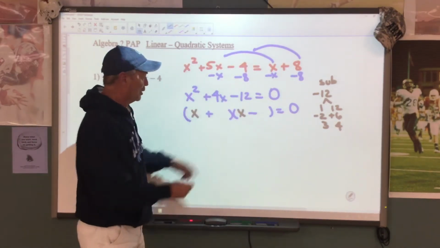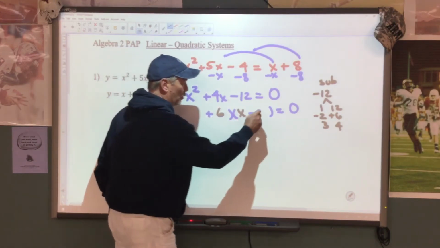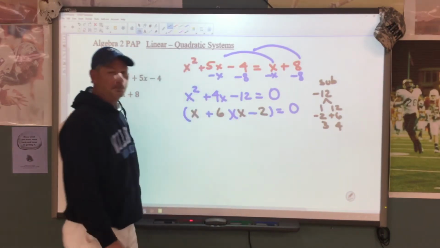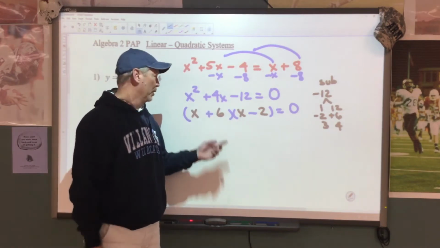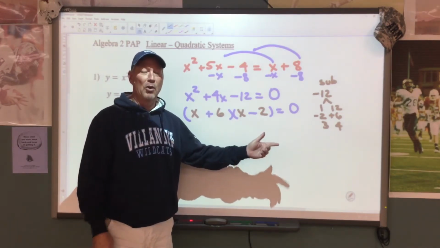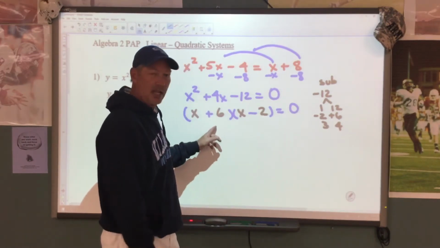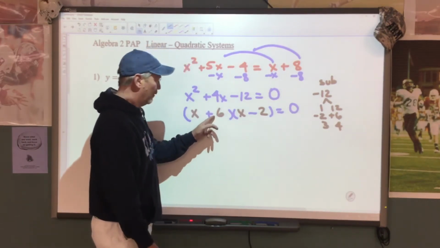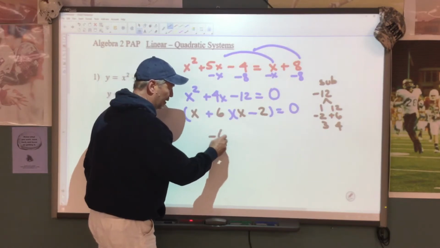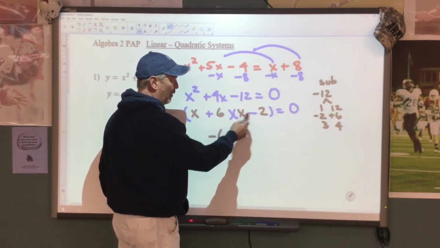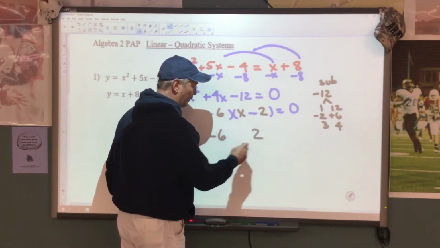So the 6 goes with the plus sign, the 2 goes with the minus sign. Now we put each factor equal to 0, or your teacher probably taught you a quick method to where you can just take the opposite. The opposite of a plus 6 is a negative 6. The opposite of a minus 2 is a positive 2.